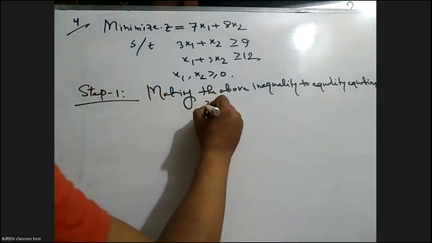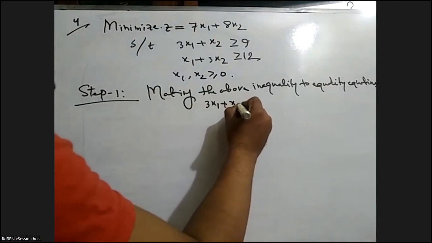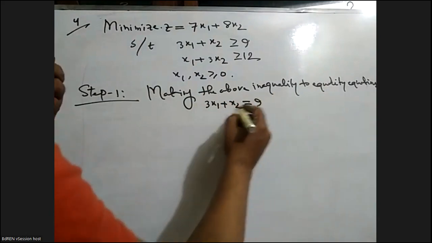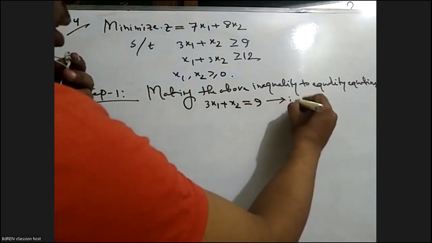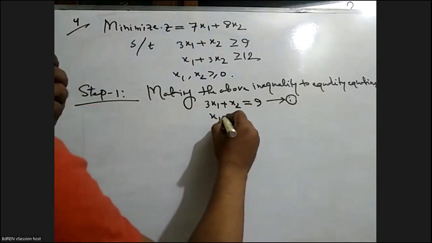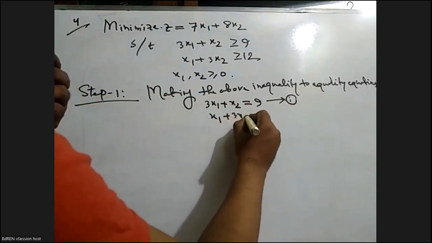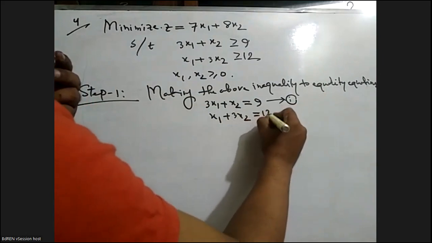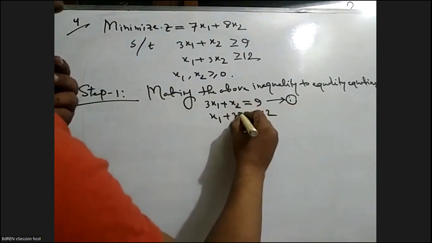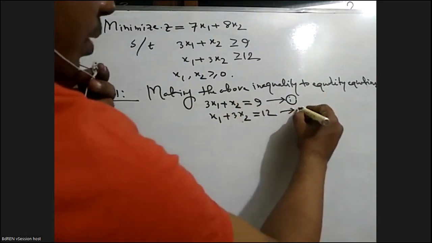What do we get? 3x1 plus x2 equals 9, equation number 1. And another one is x1 plus 3x2 equals 12, equation number 2.